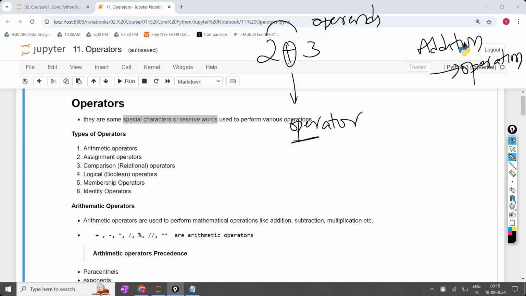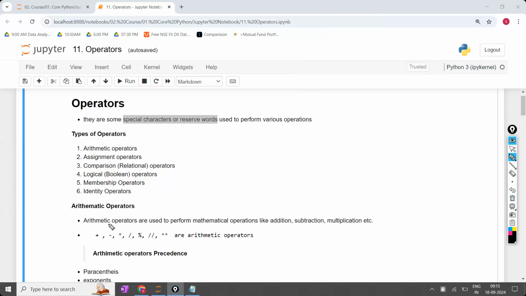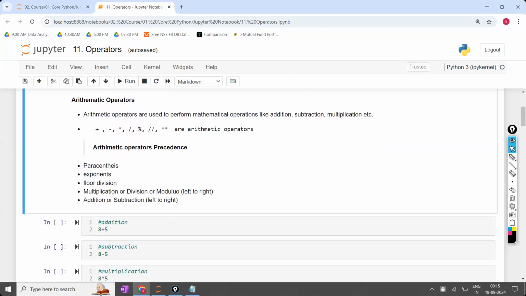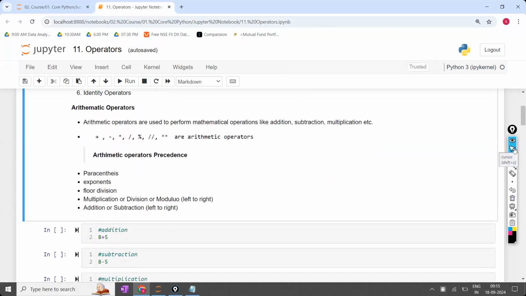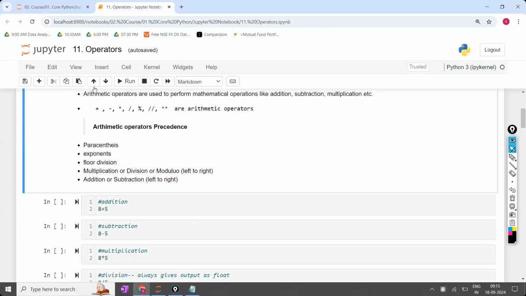This is an example. Similarly, we have multiple types of operators. First, we'll start with the arithmetic operators. Arithmetic operators are mathematical operators, used for mathematical purposes, and these are all symbols. The first one is the plus symbol, which is the operator.